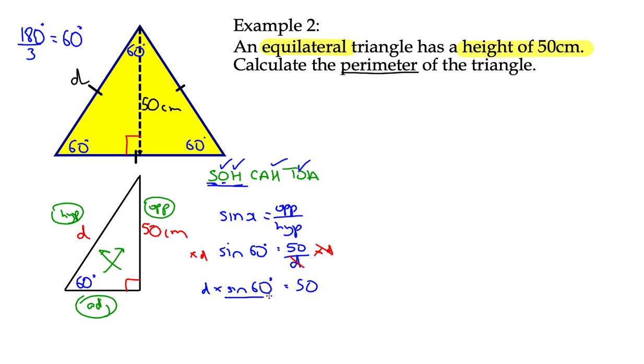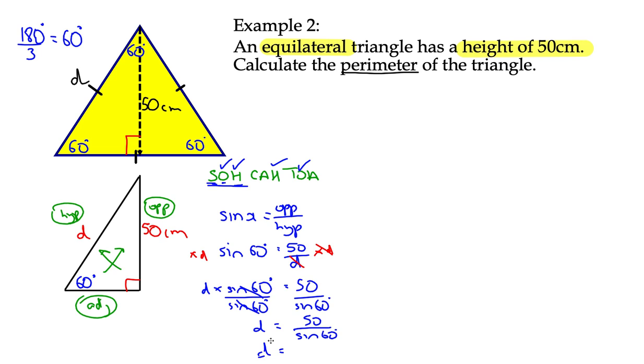I'm going to then divide through by the sine of 60 on both sides so that they cancel out, and I've got D is equal to 50 divided by the sine of 60 degrees, which I could do in my calculator. D is equal to 50 divided by, oh no, it's 50 divided by the sine of 60.